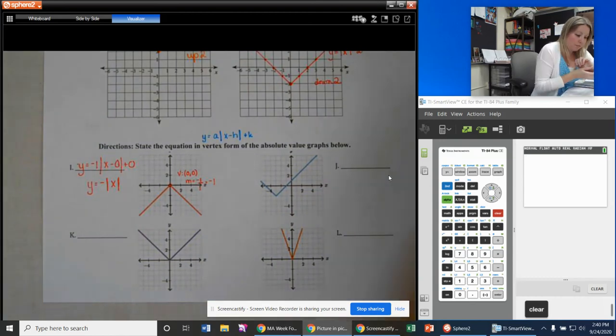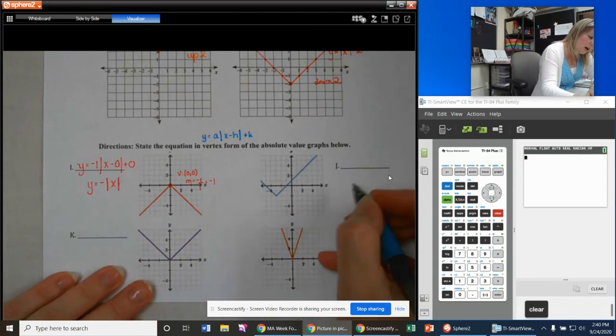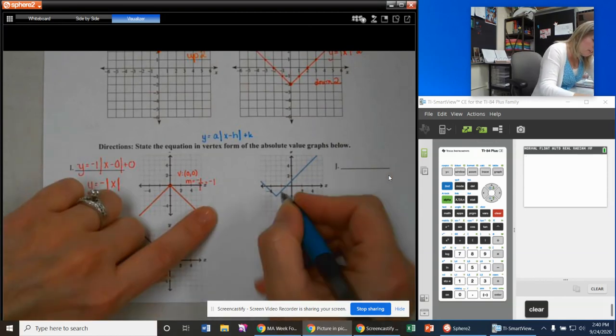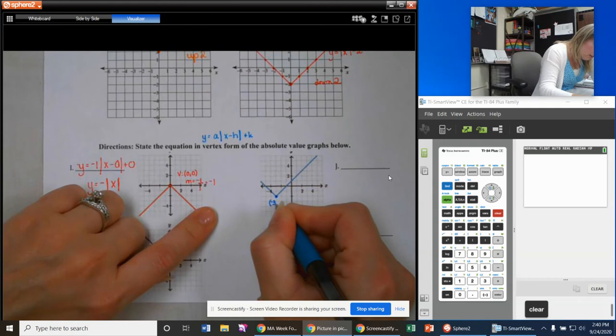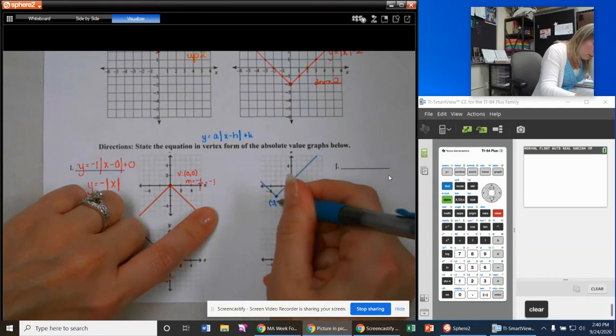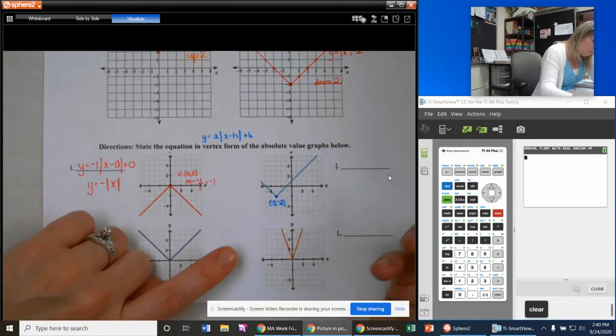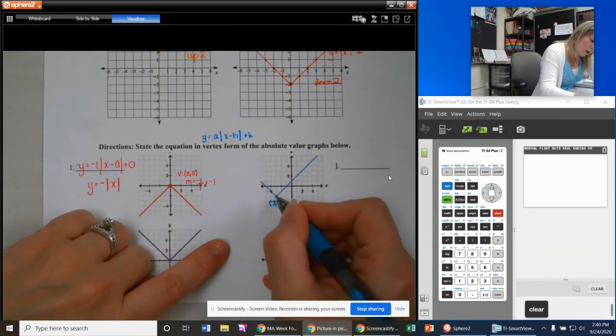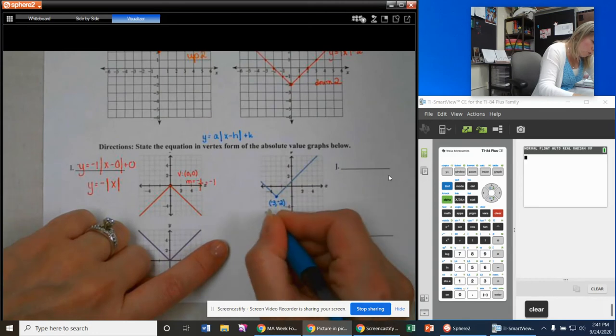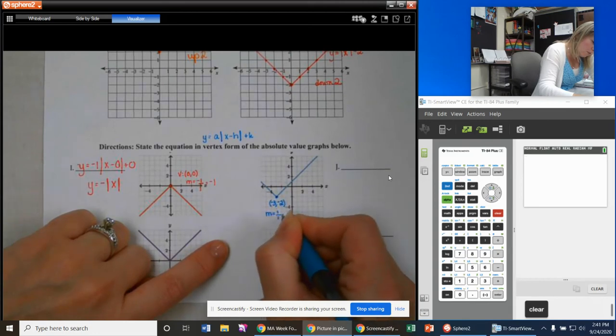Okay, next. Oh, my aqua. How nice is that? They did my aqua for me. All right, vertex. This is left 1, 2, 3, so -3, and down 2, so -2. And then from there, up 1, right 1. Yep, slope of up 1, right 1. So that's a slope of 1.